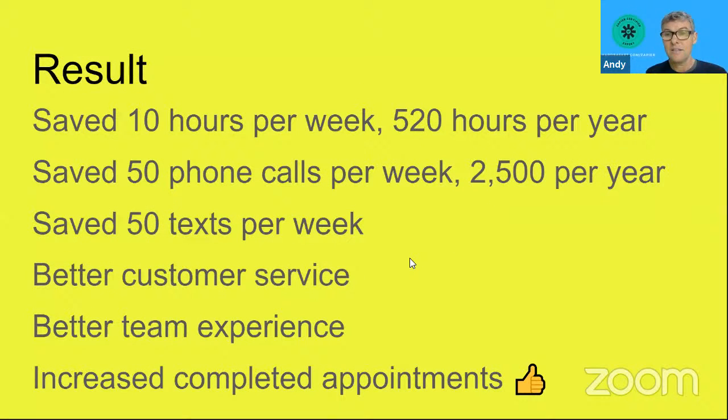So this saved, say, 10 hours a week, lots of phone calls and lots of manual texting. And most importantly here, it increased the completed appointments, which is pretty important.